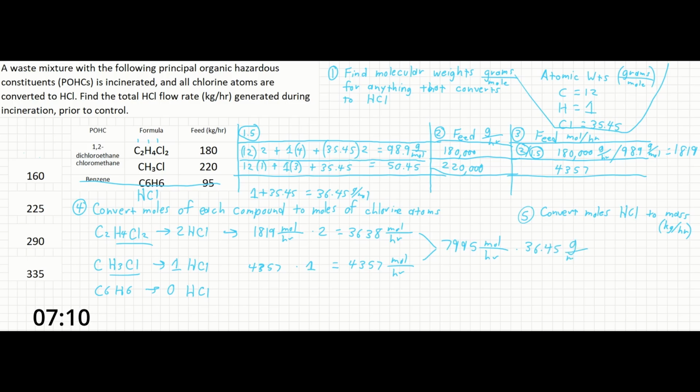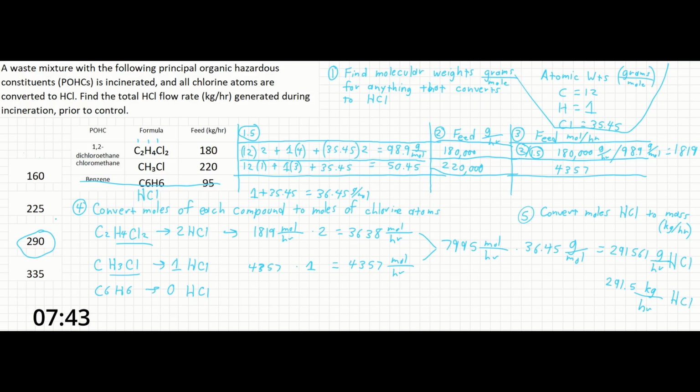This would give us just about 291,561 grams per hour. And obviously if we divide back by 1,000, we would get 291.5 kilograms per hour, which would lead us over here to number 3 being the closest answer.